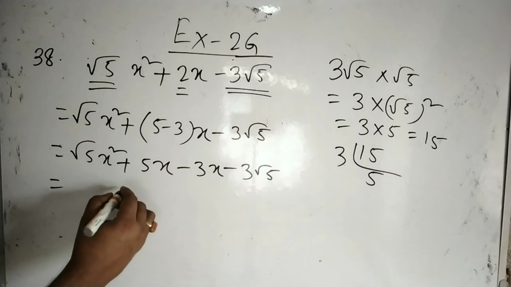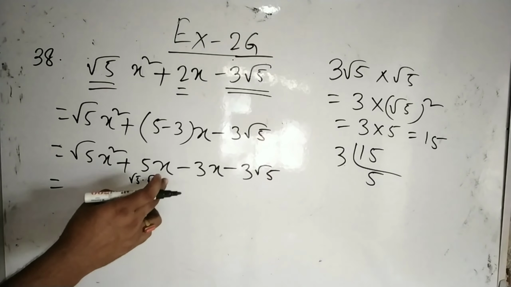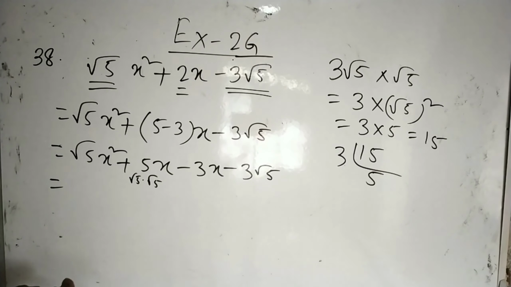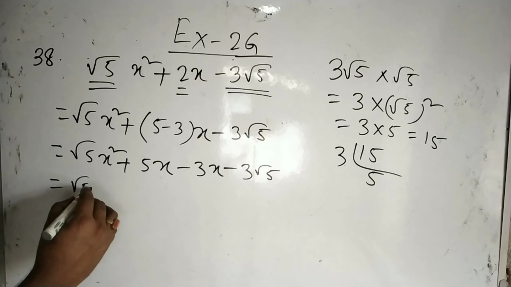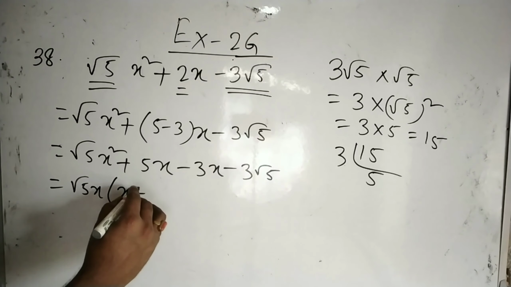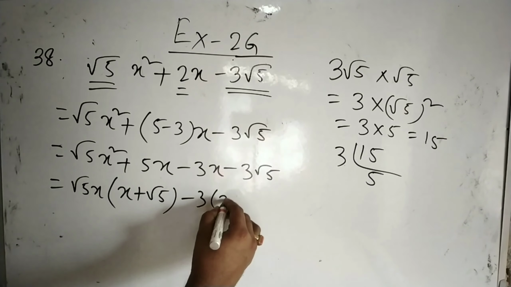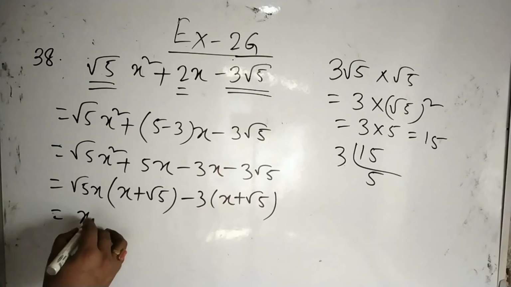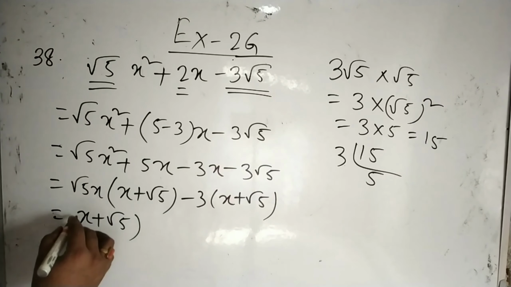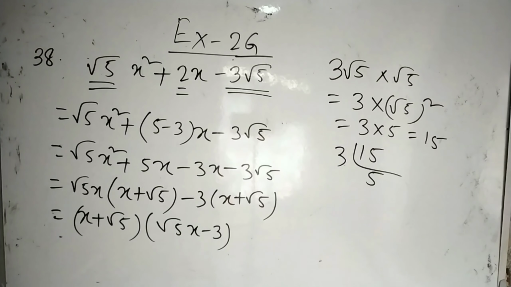This 5 we can consider as root 5 into root 5. So we can take x common and root 5 common. Okay. So it will become root 5 into x common, x plus root 5. Here we can take minus 3 common, x plus root 5. So it will be x plus root 5 into root 5x minus 3.